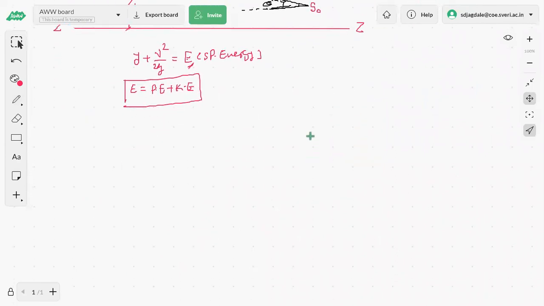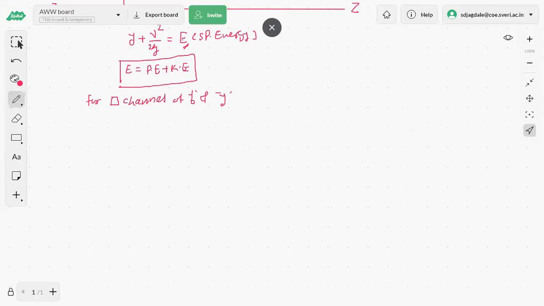So if you go for the discharge Q which we have considered, then for passing this discharge Q through a rectangular channel of base width b and flow depth y, by the relation we know Q is equal to area into velocity, that is Q will be equal to b into y into velocity v.